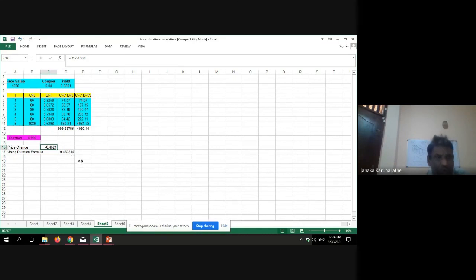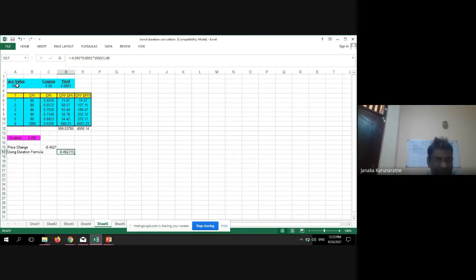Now, do the same using the duration formula. This is using the normal formula; like previously, do the same using the duration formula. The earlier duration is 4.993. Change in interest rate is 0.01%, meaning 0.0001.